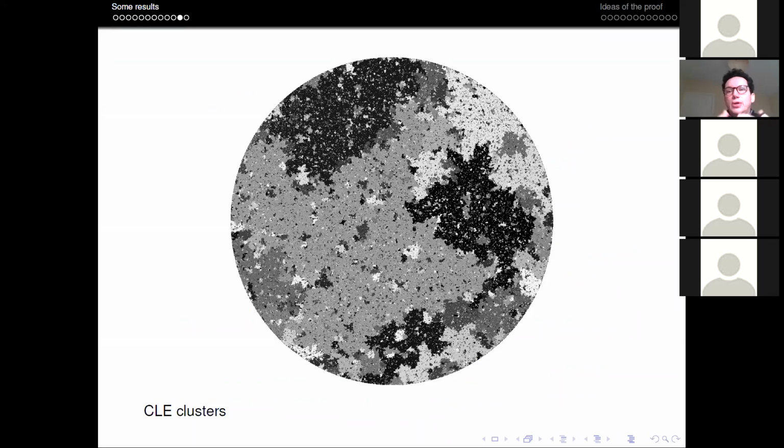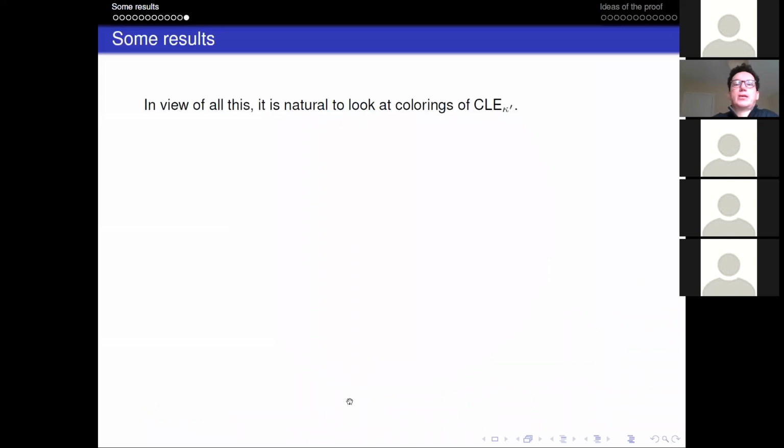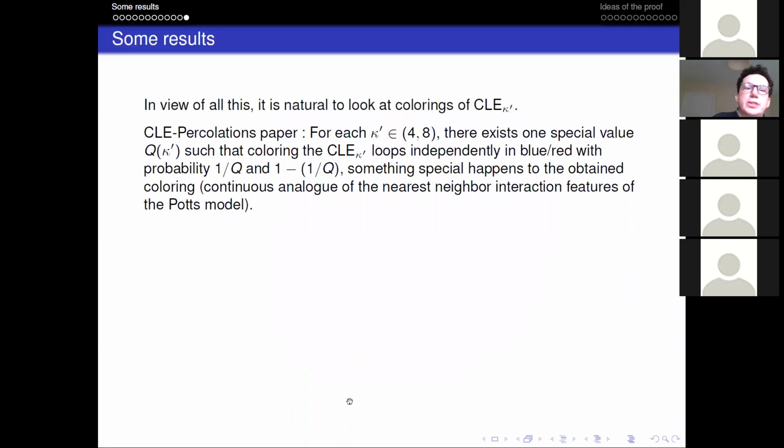Then, given what I said before, it is natural to try to color independently in blue and red all these FK clusters with probability p, 1 minus p, and then look at the blue and red clusters that one obtains. This is the natural thing to do.